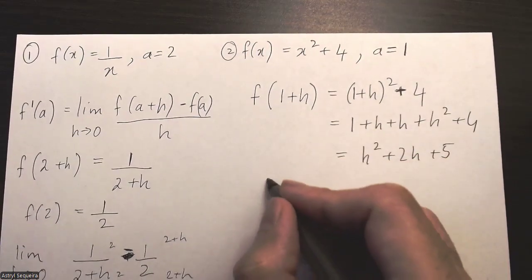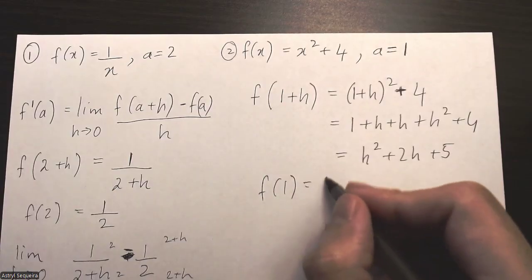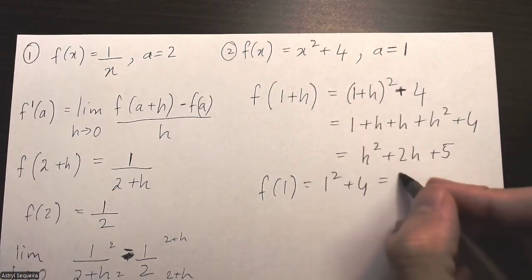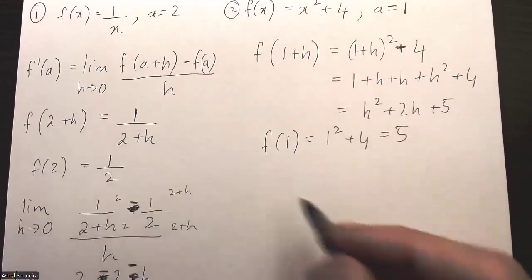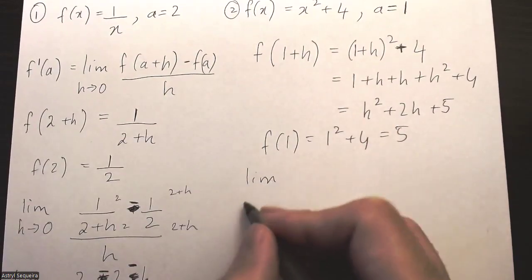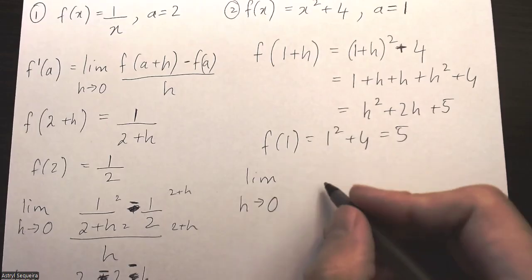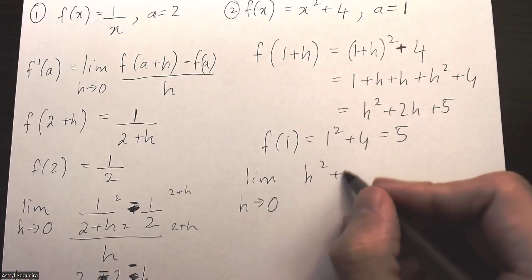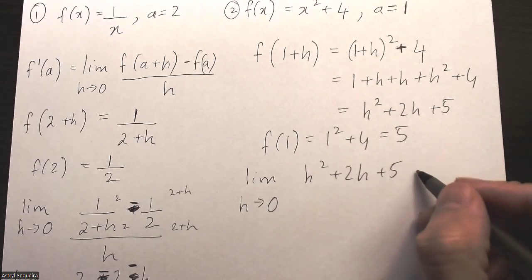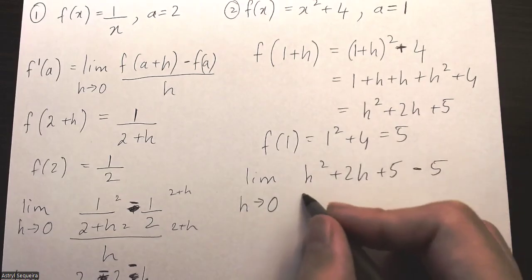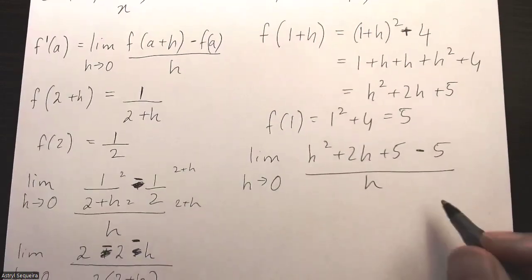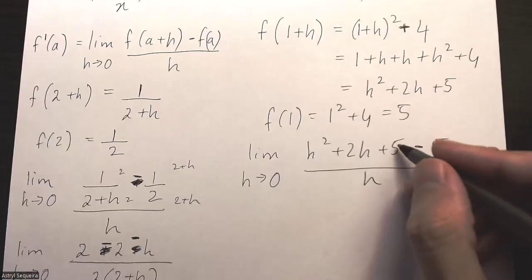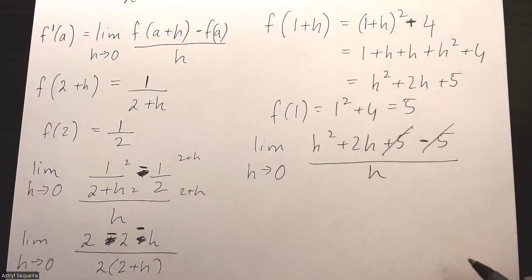Next, let me find f of a. So f of 1 is just 1 squared plus 4, which is 5. Let me sub into my formula now. The limit as h approaches 0 of h squared plus 2h plus 5 minus 5, divided by h. I can combine like terms in the top here. Those two just cancel.